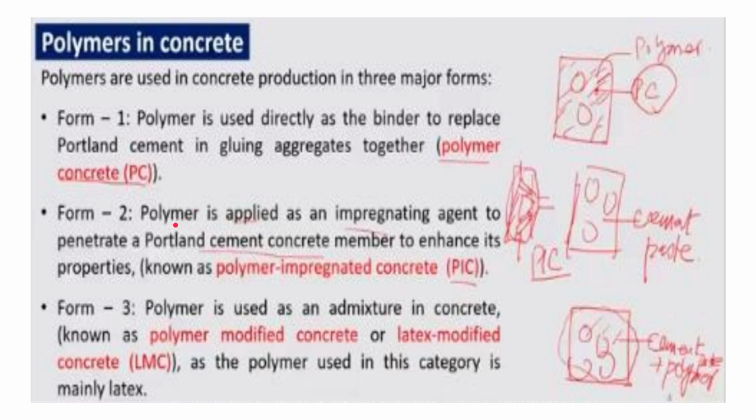The third form is that polymer can be used as an admixture. Those polymers which can be used as an admixture are categorized in the bracket of LMC, that is latex modified or polymer modified concrete, and it is mainly because in this category of polymers, latex is mainly used. That is why it is also known as latex modified concrete.